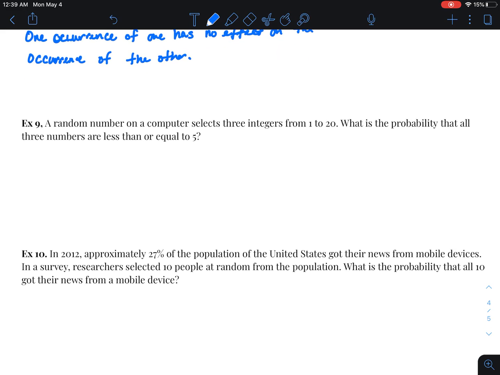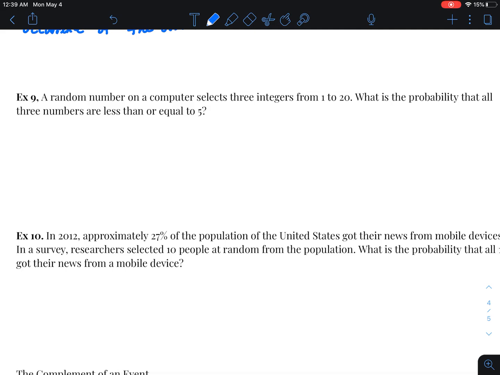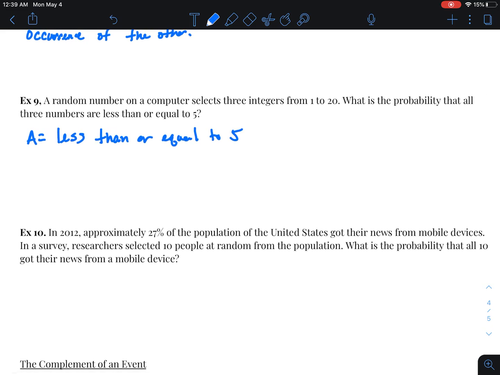Okay, so let's take a look at some problems here. A random number generator on a computer selects three integers from 1 to 20. What is the probability that all three numbers are less than or equal to 5? Okay, so we've got to figure out what our event is. Our event A is where the numbers are less than or equal to 5. So let's start figuring out what our sample space is.